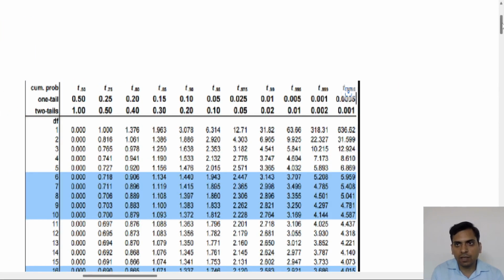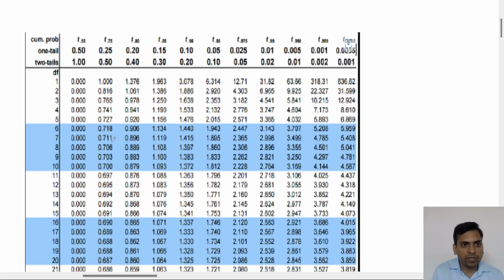So this is t table, and in this t table degree of freedom is 9, and this is a two-tail test. For two-tail test at 0.05, this is the value of t tabulated.